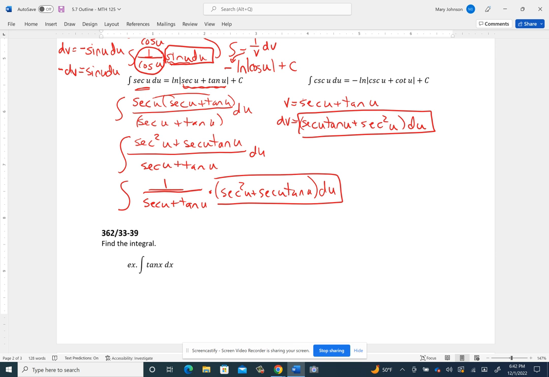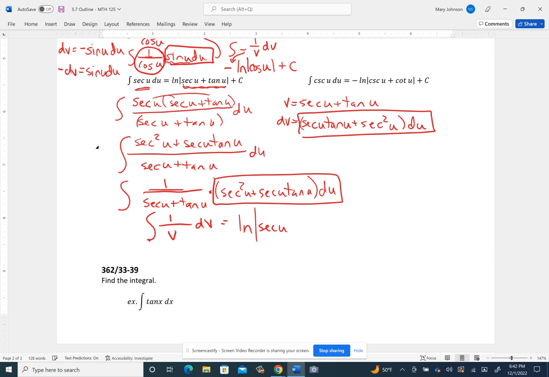So I'll be replacing the secant u plus tangent u, which is really what v was. And then all of that in the box is actually dv. And so this turns out to be the natural log of the absolute value of v, which is secant u plus tangent u, and then throw the plus c on it, and you have the rule. So that's just the proof of that rule.